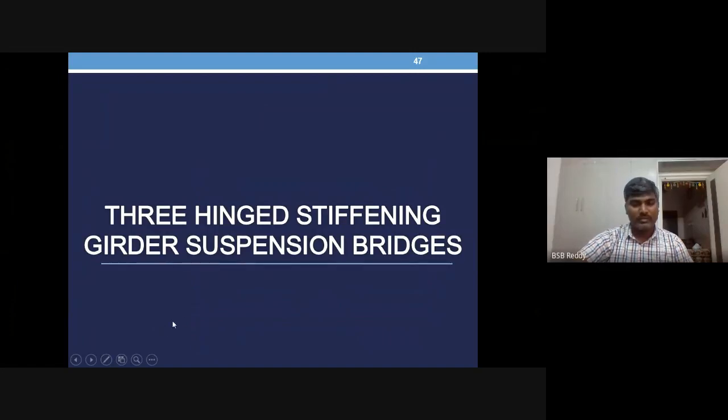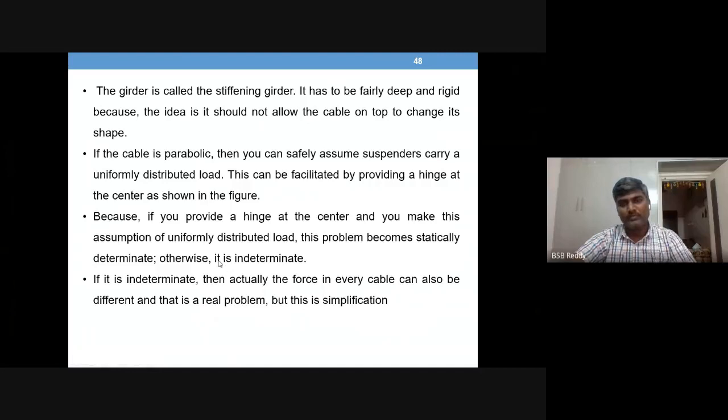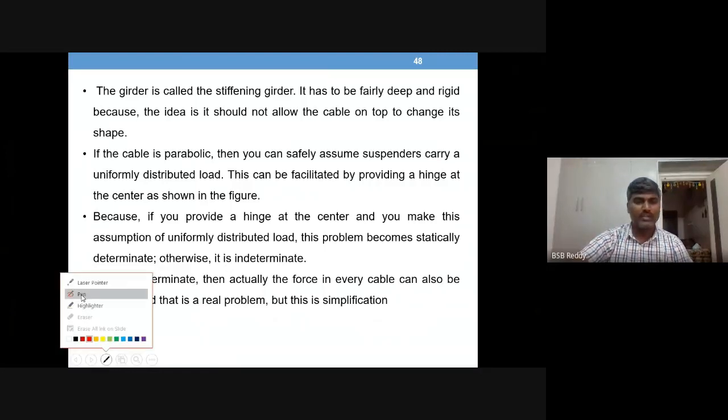This is the mechanism that we will see regularly in suspension bridges. Three-hinged stiffening girder.